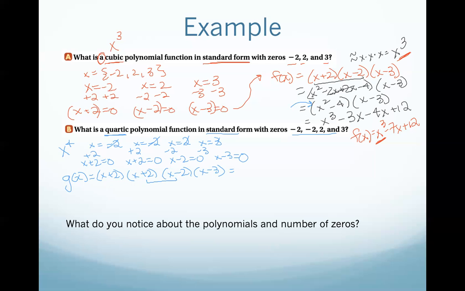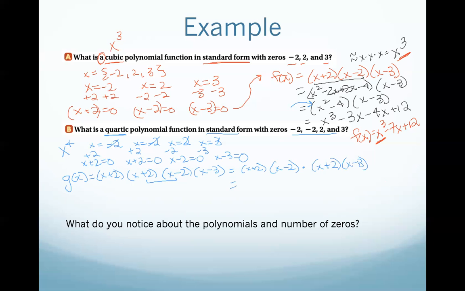Okay, so by choosing which factors I multiply together, I'm saving myself a little bit of work. So what I'm going to do, x plus 2 times x minus 2 times x plus 2 times x minus 3. Now I didn't change the value of the expression at all. All I did was rearrange my multiplication a little bit.